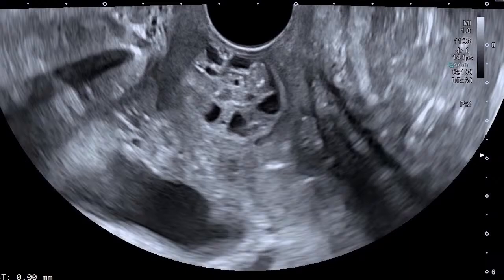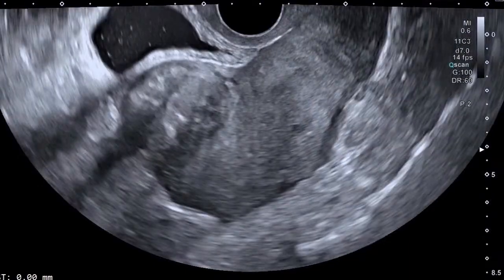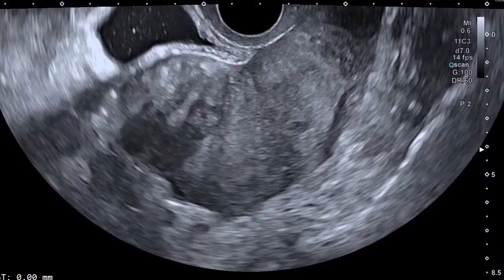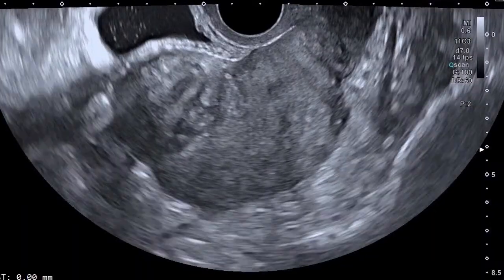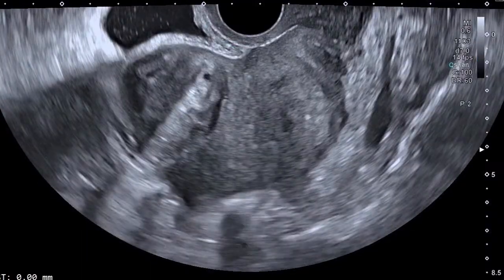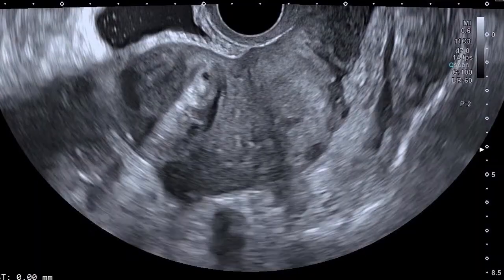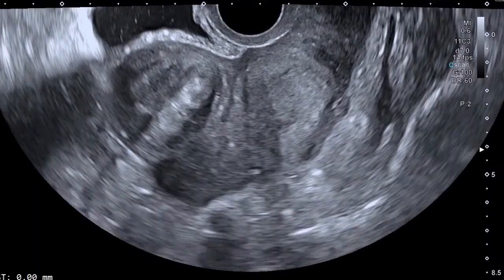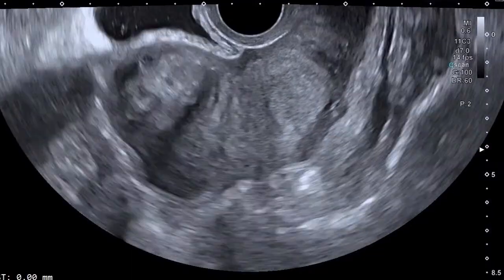Mostly these hydatid cysts happen inside the liver. That's the most common site for echinococcosis. But in this case, it's my first time to see a hydatid cyst manifesting itself in the vagina.